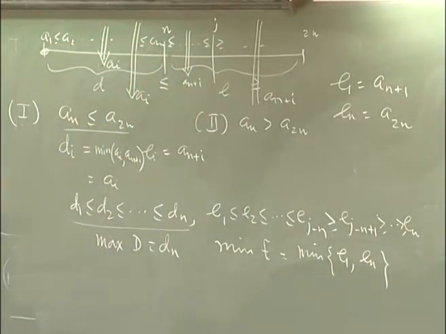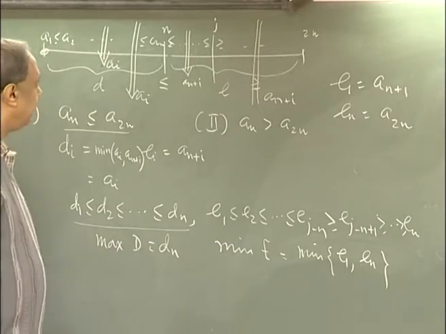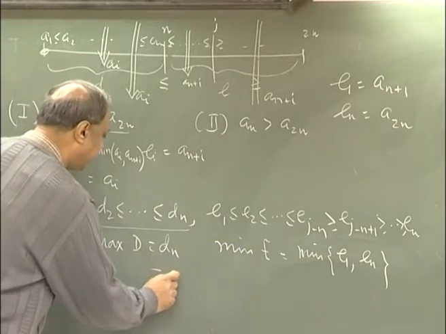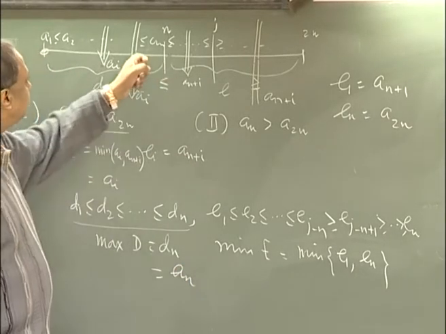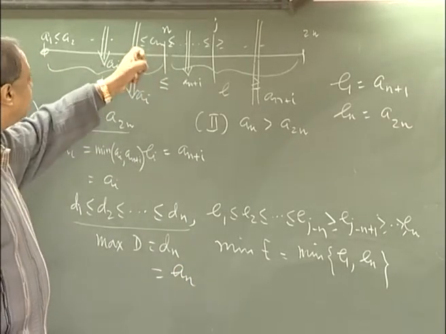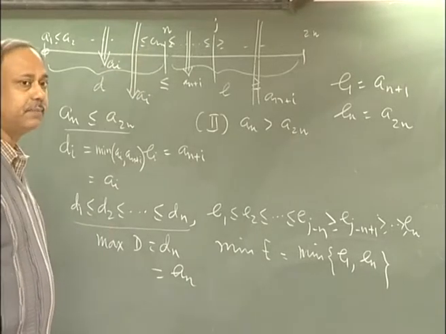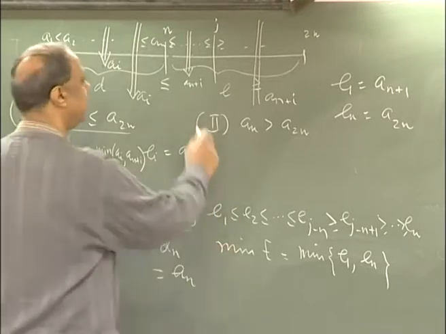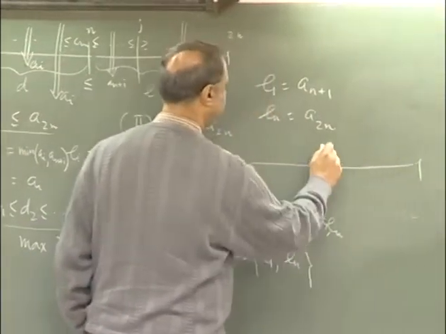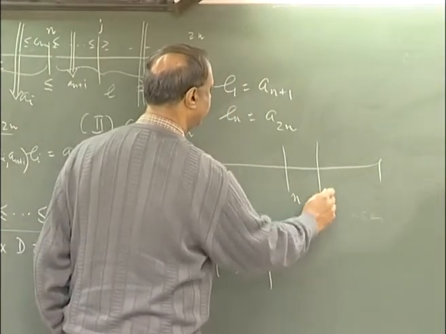Now, Dn is your An. You have already shown, or from the definition, that An is less than or equal to An plus 1, from the definition itself, because this is your n and this is your j.